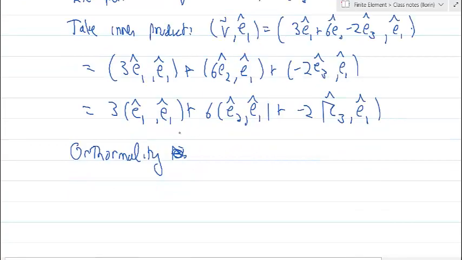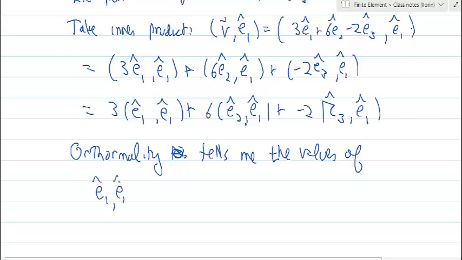Orthonormality tells me the values of these inner products of e1, etc. Because I know this is an orthonormal basis, I can find the values of these.